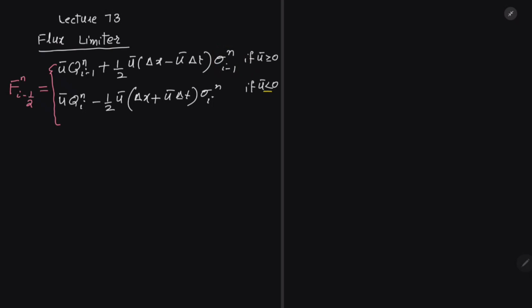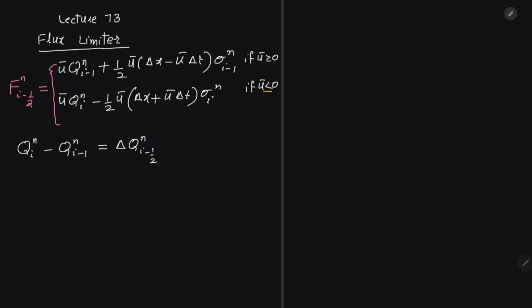So we do not associate sigma with flux in the flux limiter. We know that the jump across the interface, for example, Qn I minus Qn I minus 1, will be equal to delta Qn I minus 1/2. This is the basic thing that you can define.